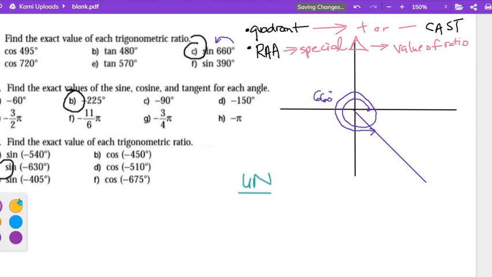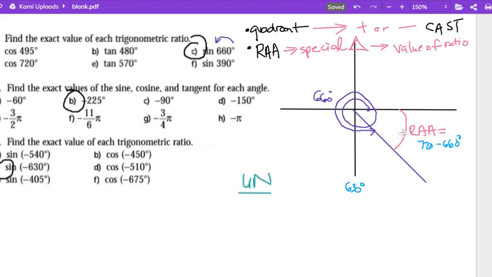And then I need to find the RAA. So really, I'm saying how much more to get to 720, right? So you might have to say, okay, I got to go 720 minus 660, or you could say, okay, if this is 630, well, this is 30, right?